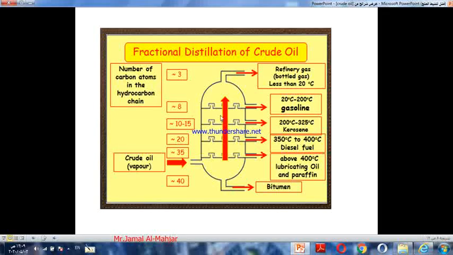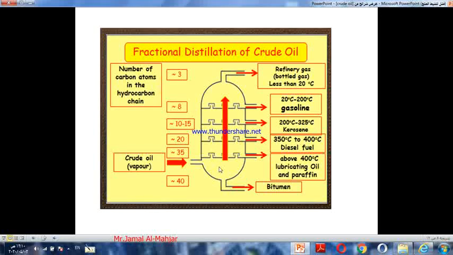As we know, these hydrocarbons have a range of different numbers of carbons with different boiling points. So the one that has fewer carbon atoms rises up, and the one that has more carbon atoms stays down.